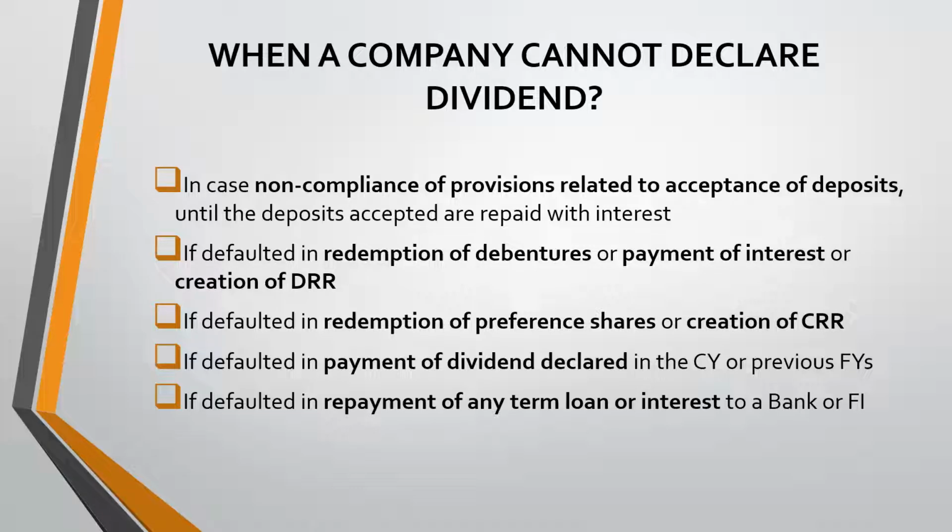Next, if there is any default in repayment of term loan or interest to any bank or financial institutions, then also the dividend cannot be declared by any company. So basically, to declare the dividend, the defaults must be made good. If there are any defaults, the company shall make sure that those defaults are made good, and then only can you declare the dividend.